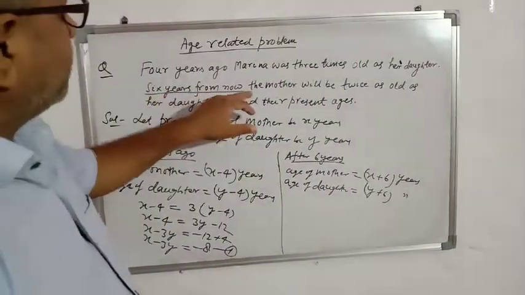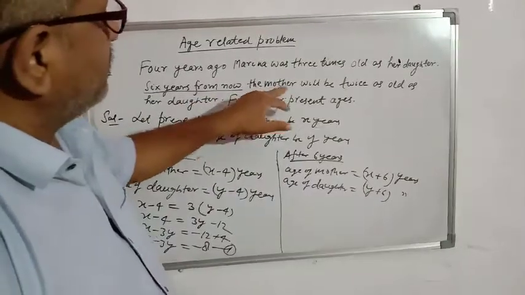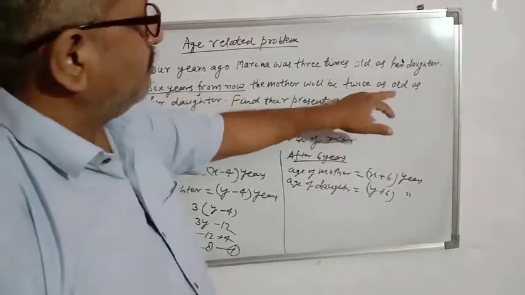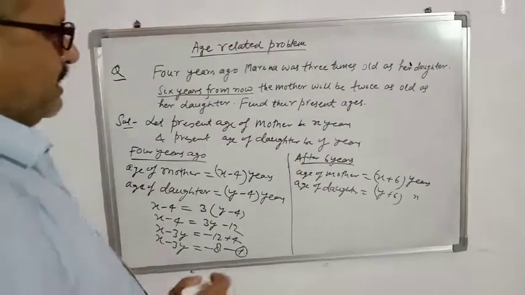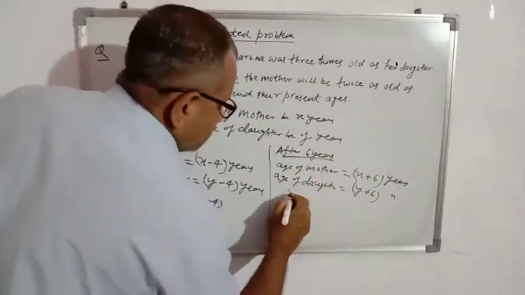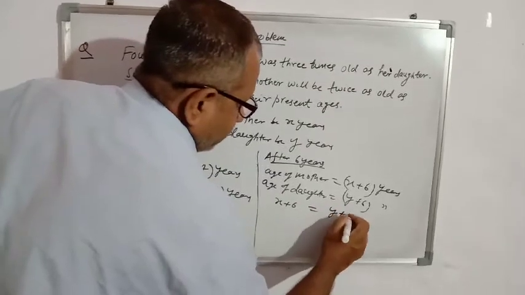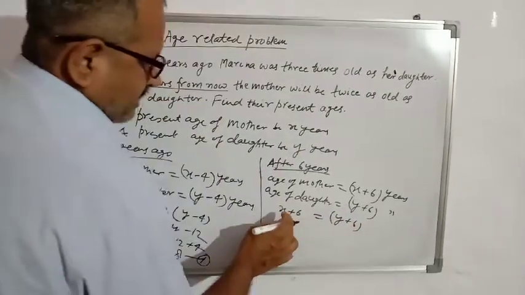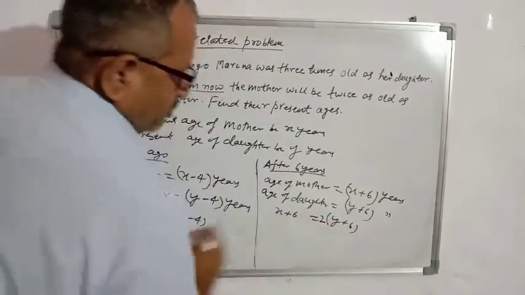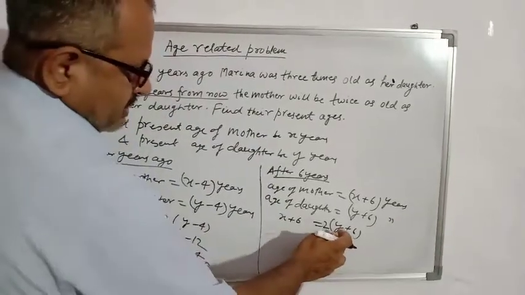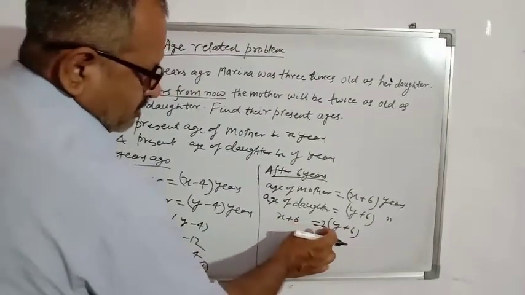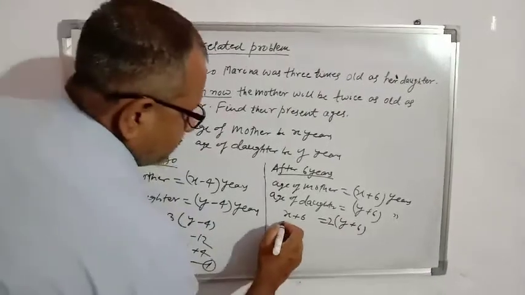So 6 years from now, mother will be twice as old as her daughter. Mother's age is x plus 6 and daughter's is y plus 6, but mother's age will be 2 times the daughter's age. So we will write x plus 6 is equal to 2 into y plus 6.